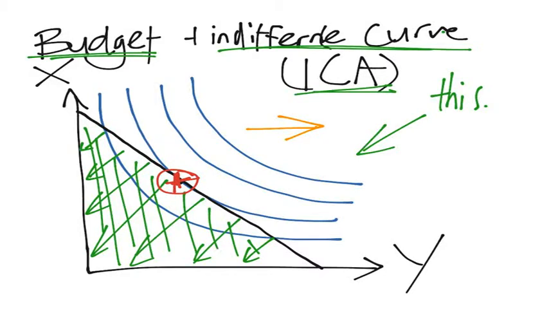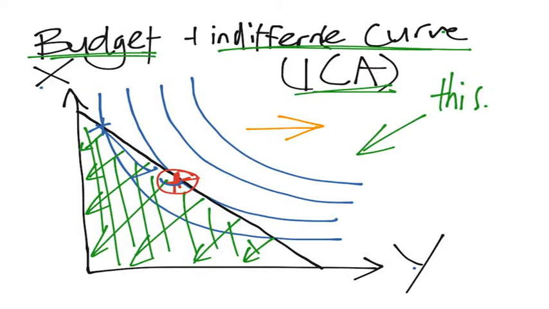You can actually check this by considering all other points. Like if the consumer is consuming here, the consumer can actually maximize its satisfaction by reducing the consumption of X and increasing the consumption of Y, so that it goes here, which is on the next indifference curve, right? Okay.